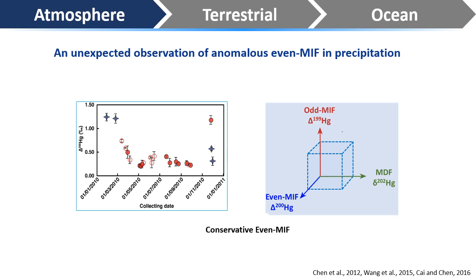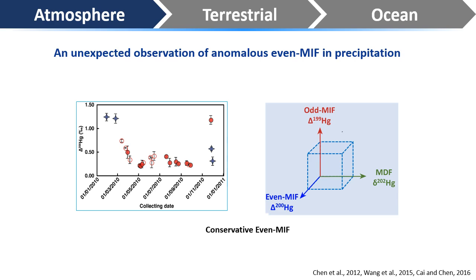For example, in the atmosphere, I have made an important observation of anomalous mass-independent fractionation of even mercury isotopes, capital delta 200, in precipitation. What we can see is that the 200 anomaly shows a clear seasonal variation, with higher values in winter and lower values in summer.